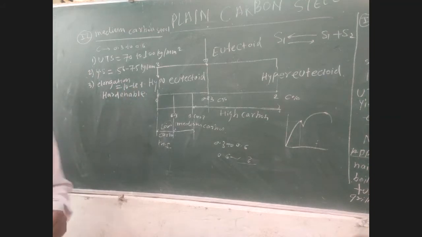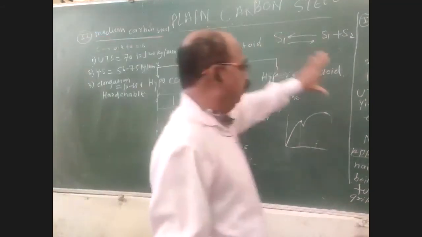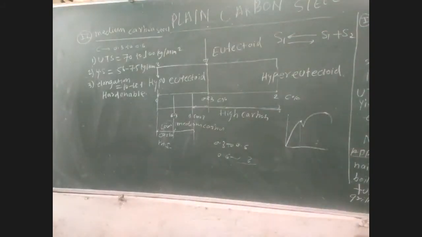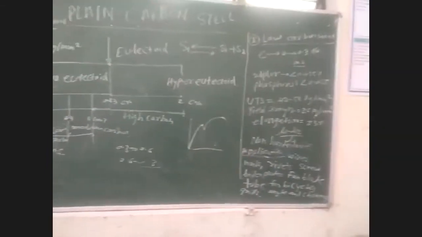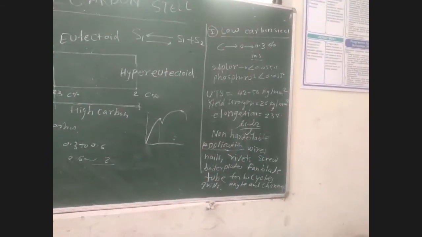So let us consider the low carbon steel mechanical properties and this mechanical property. In low carbon steel, on this side, ultimate tensile strength is up to 56, yield is 26, elongation is 23. Elongation is more.